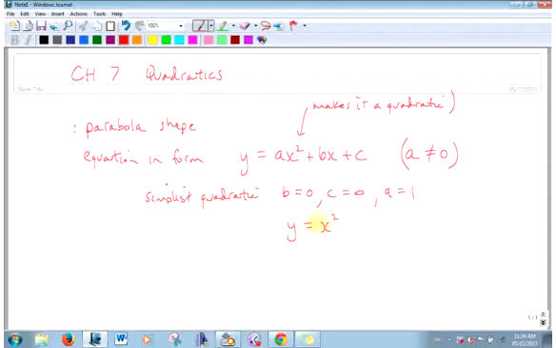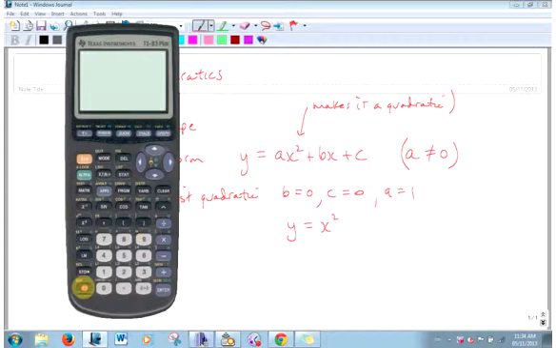So, what's the shape of this again? We did this yesterday. This thing's going to be your friend. Simplest possible quadratic, y equals x squared, or, if you like, x to the power of 2. That's the same thing. Hit graph. There it is.